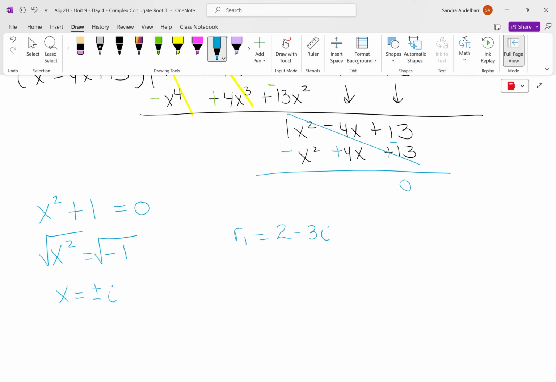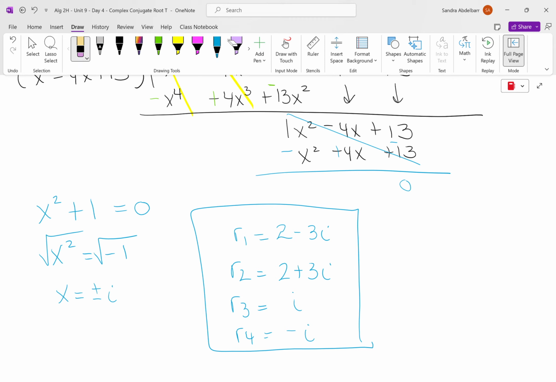So now if we list it out, root 1 was 2 minus 3i. Root 2 was 2 plus 3i. Root 3 was i. And root 4 was negative i. Those are our 4 roots.